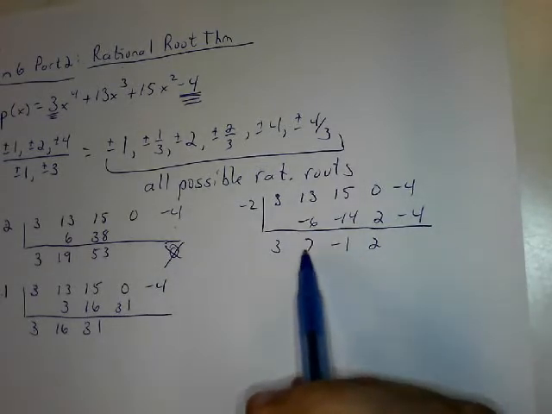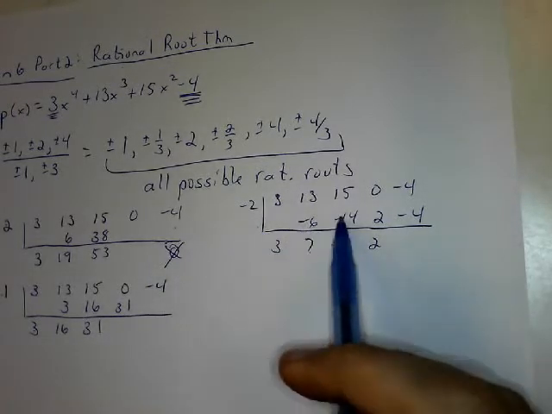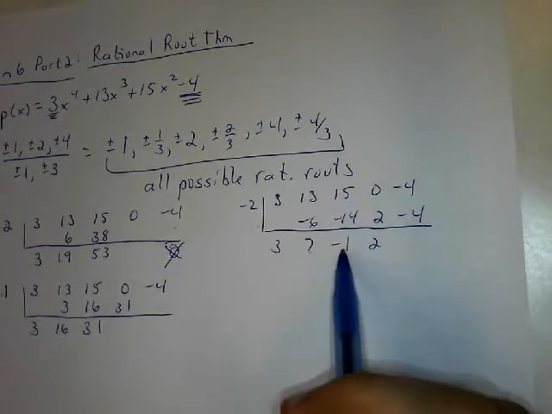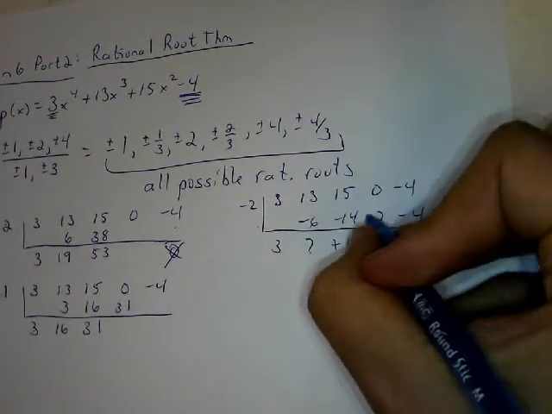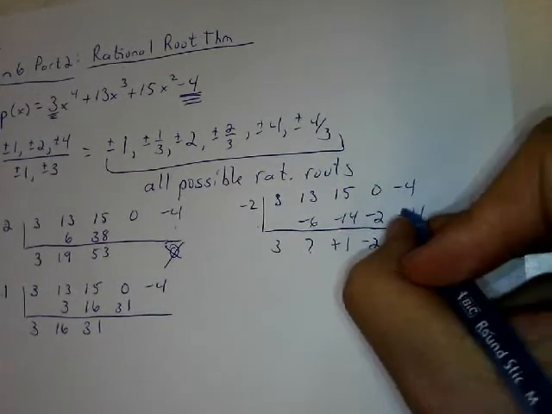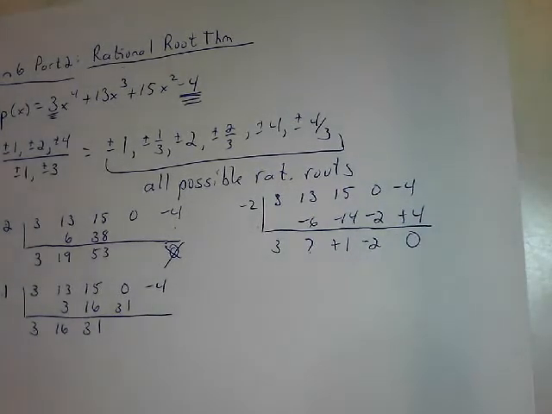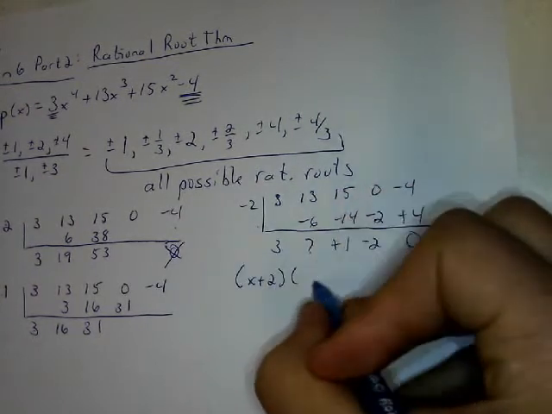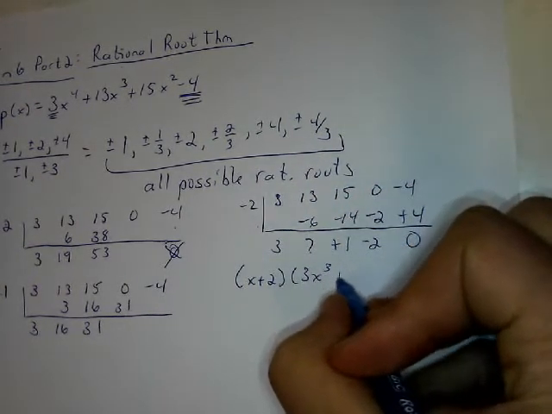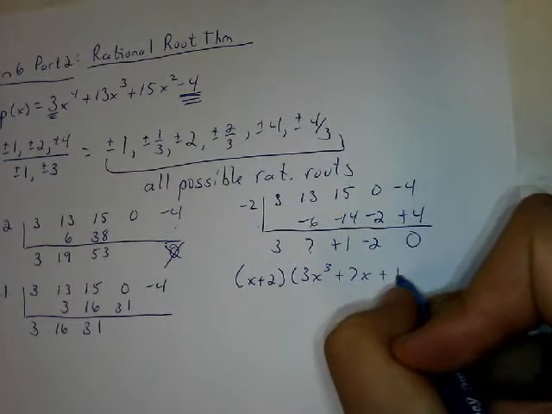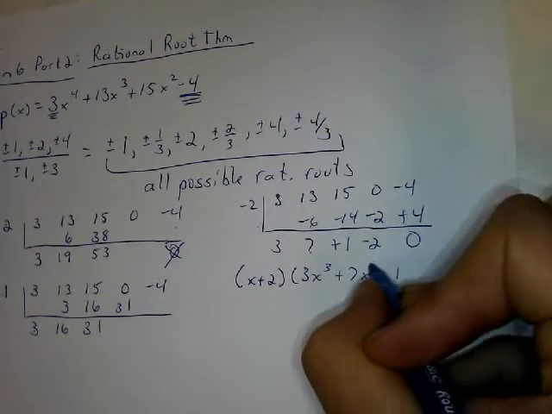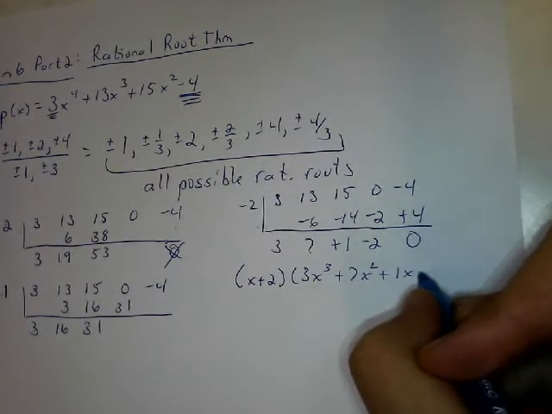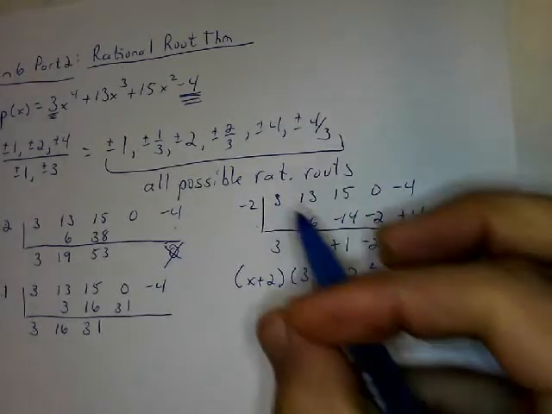I just want to make sure I didn't make any stupid mistakes here. That should be a positive one. I had a feeling. It seemed too close to not work. So now we're left with this expression: x plus 2 times 3x cubed plus 7x squared plus 1x minus 2.